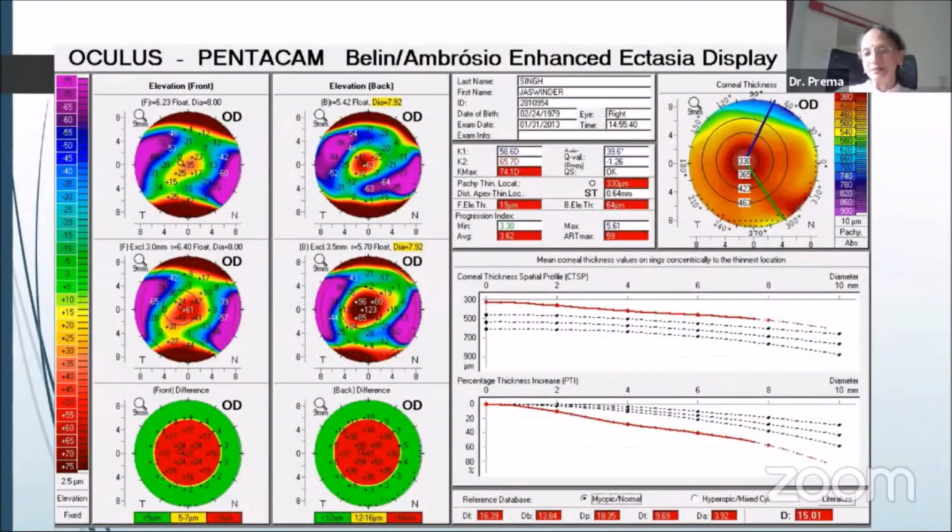The enhanced ectasia display picks up the keratoconus. The corneal thickness spatial profile picks up the combination of keratoconus and PMD, where it is flat with a slightly downward trend. And if you see the thickness map, the thickness extends almost limbus to limbus.